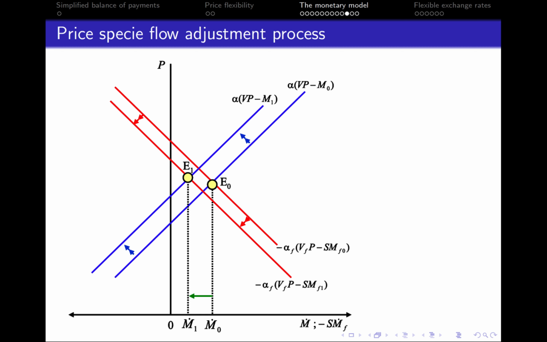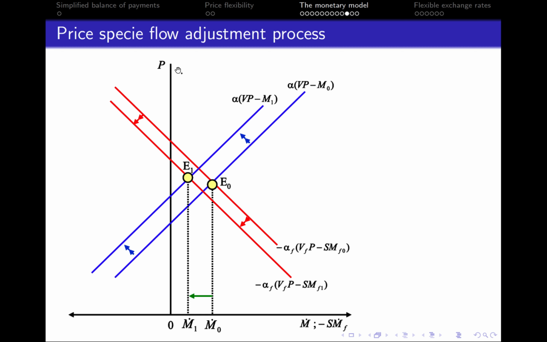And look, as the process goes on, as long as change in money supply is positive for home and negative for foreign, this adjustment will continue. And this adjustment, of course, will stop at the moment when both curves for hoarding and dishoarding are going to intersect at zero.